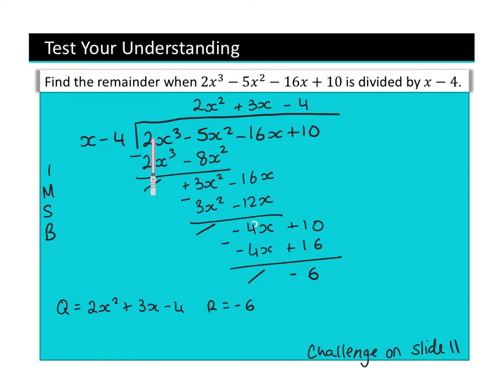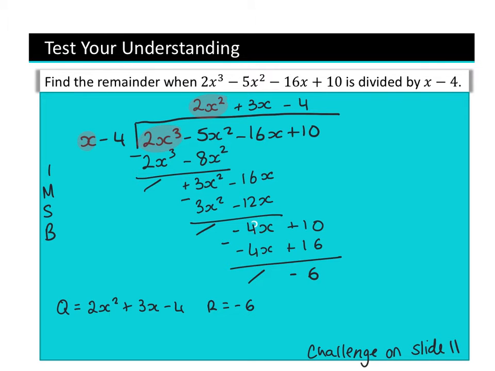Or I can do 2x cubed divided by x. That gives me 2x squared. So I start with this term and this term, and this is how I get this answer. Now, 2x squared, I multiply this by x to give me 2x cubed, and then I multiply 2x squared by minus 4 to give me minus 8x squared.